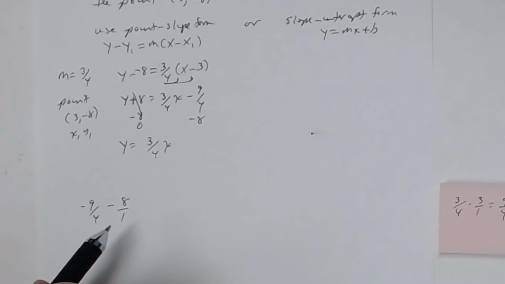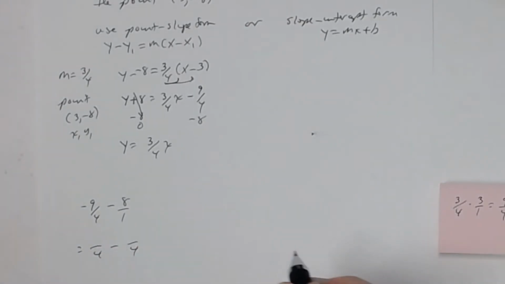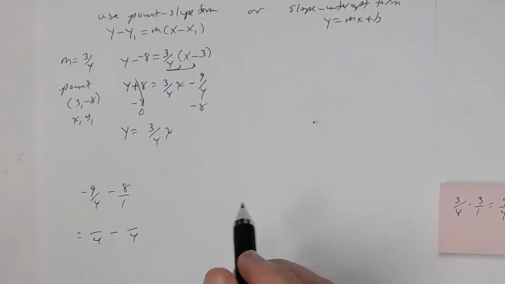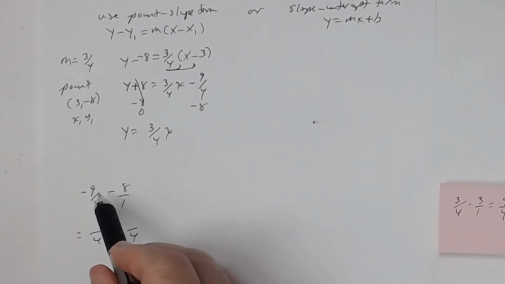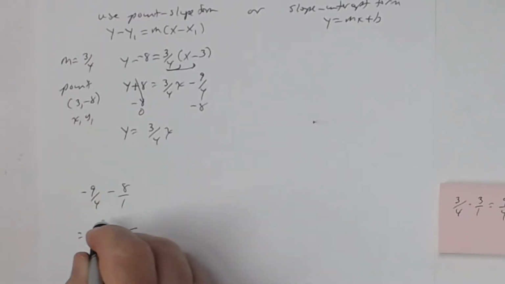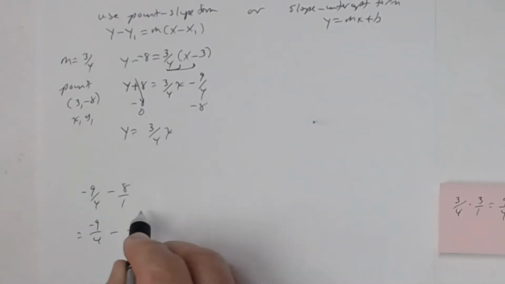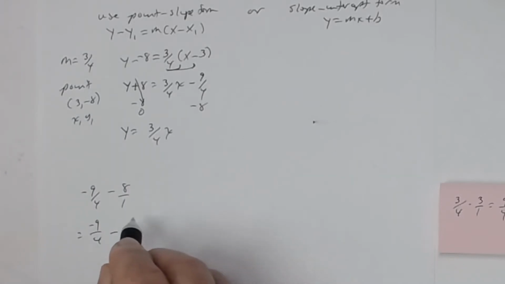So now you've got to find equivalent fractions. The LCD is 4. So I'm going to say 4 subtract another fraction divided by 4. And so you're going to write equivalent fractions. -9/4 is equivalent to itself. Now 8 divided by 1, or just 8, is equivalent to what fraction with a denominator of 4?